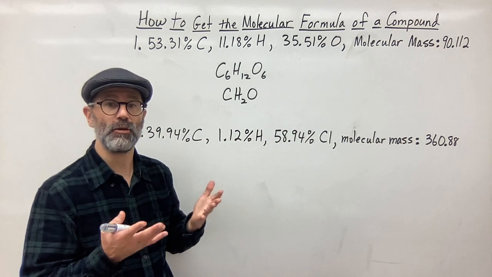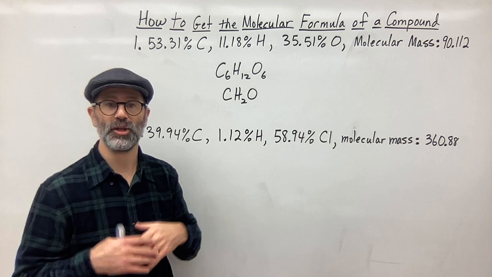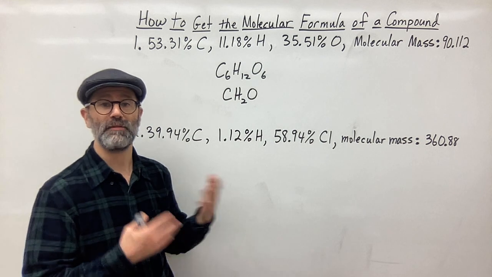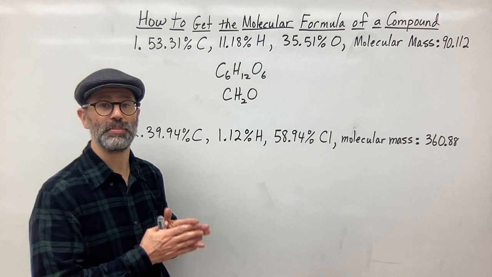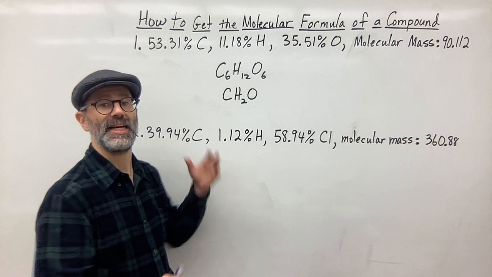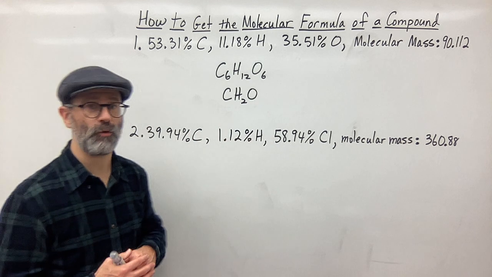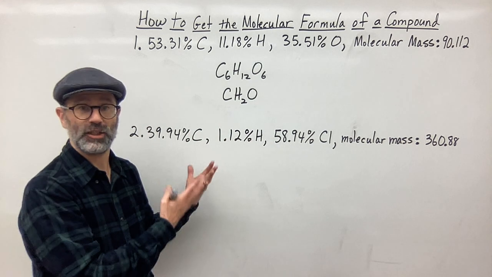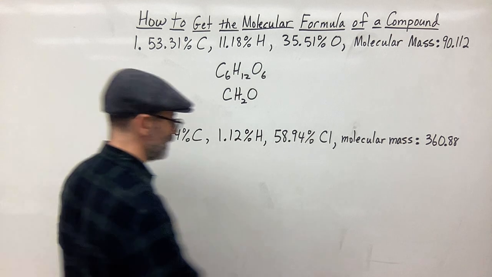If they're equal, then the molecular formula and the empirical formula are identical. But if they differ by some factor, then I need to multiply my empirical formula by that factor to get the molecular formula. I know that was really wordy for an introduction, but let's go through these problems and I'll show you what I'm talking about.